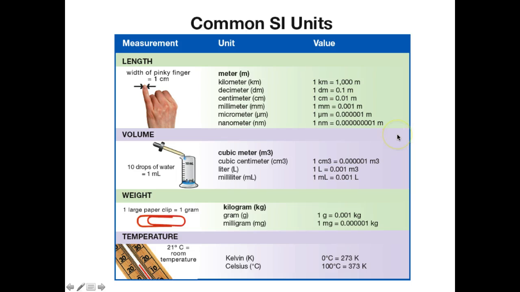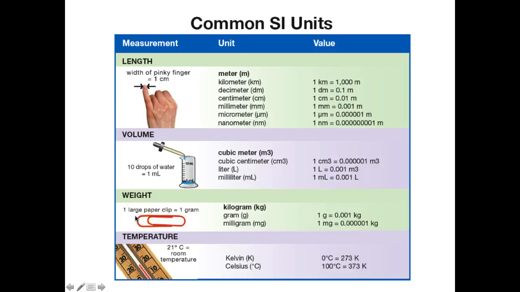This is also in your textbook, so pause, hold on to it, look at it. You are getting all the SI metric units. Think of the width of your pinky as approximately the width of a centimeter. They did this for volume, too: 10 drops of water is approximately equal to a milliliter.